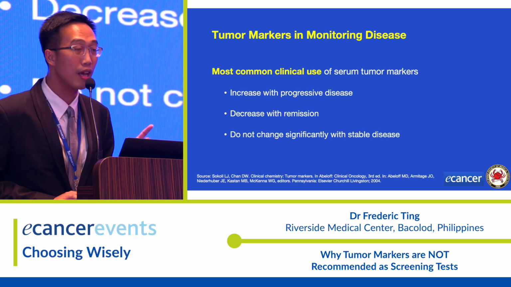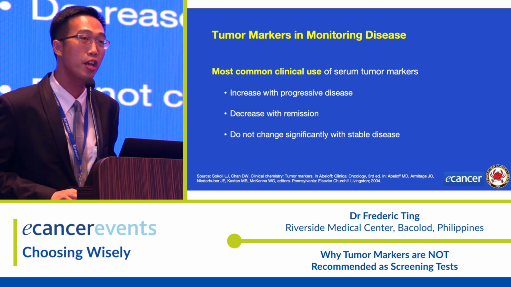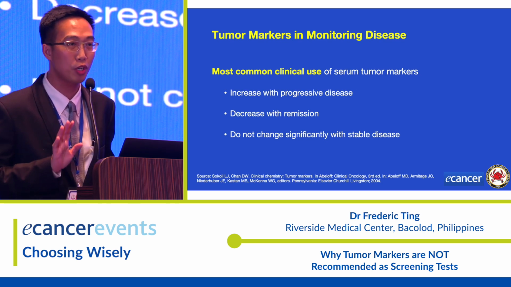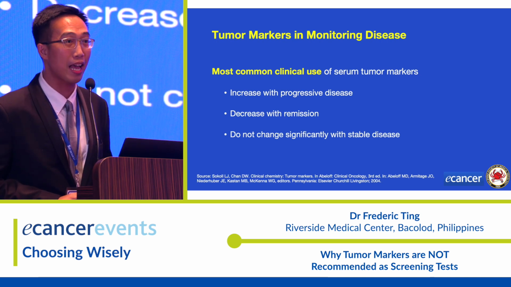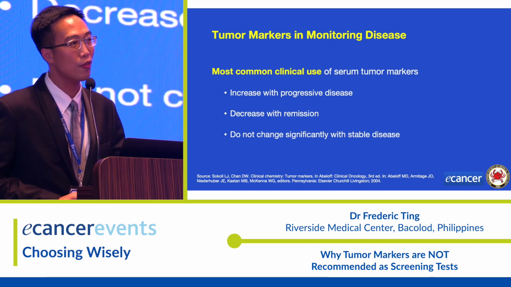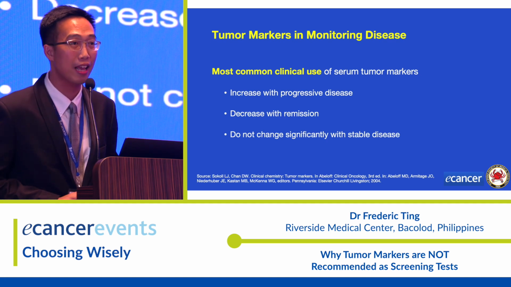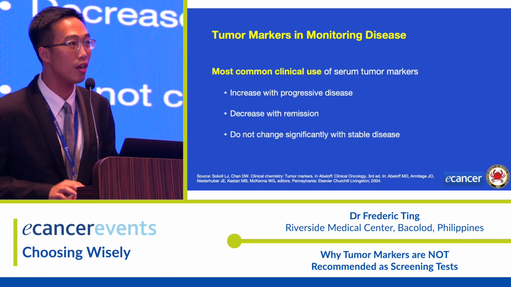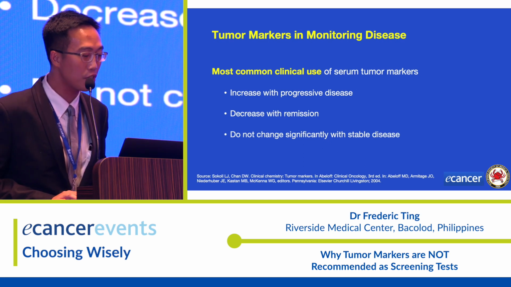The important caveat in using tumor markers in monitoring disease is that we have to make sure first that before any form of treatment, the patients have an elevated tumor marker baseline. Otherwise, if you have a patient with non-PSA secreting prostate cancer, it's of little value to monitor the PSA later and use it to monitor treatment response. So just take note of that.